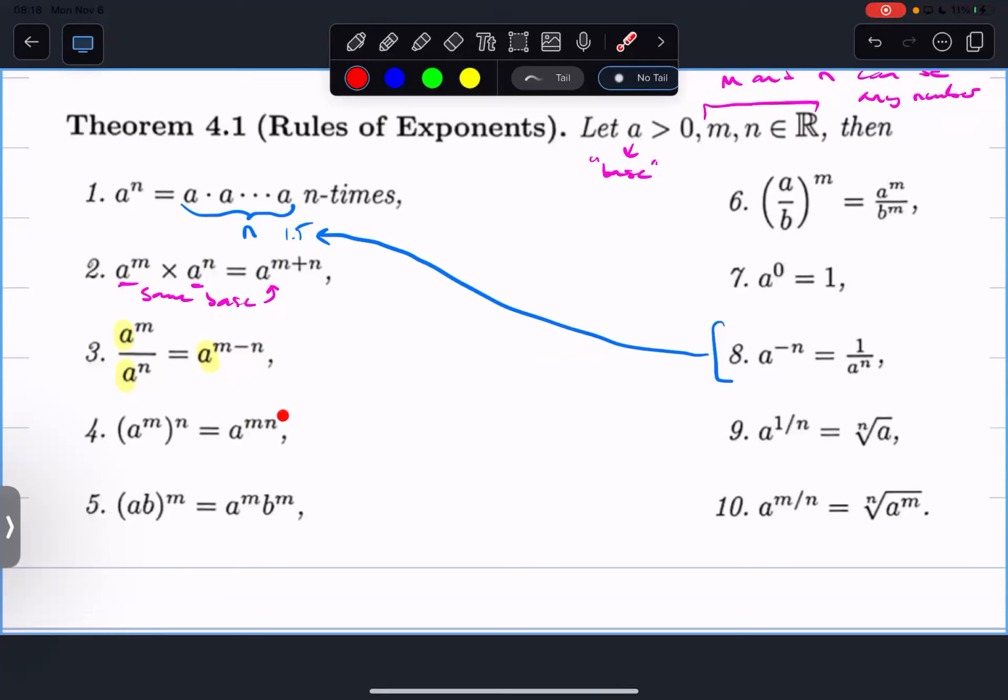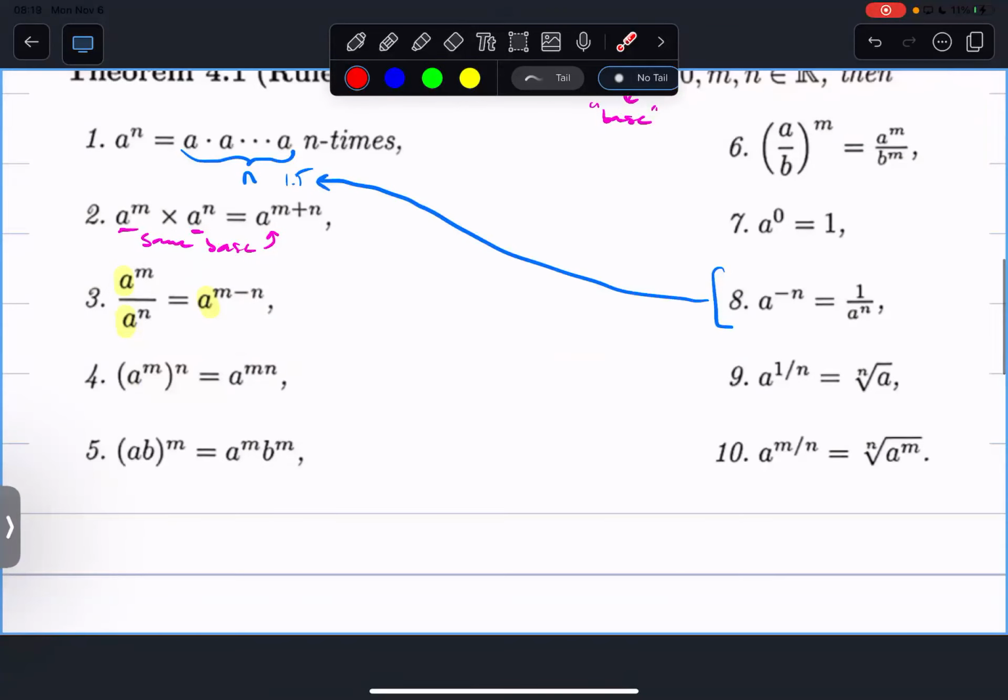Multiplication stays multiplication. It doesn't care about the brackets. Okay, so if you can rewrite something as a to the power of m times n, then you can rewrite it as a to the power of m to the power of n, which is kind of handy sometimes.